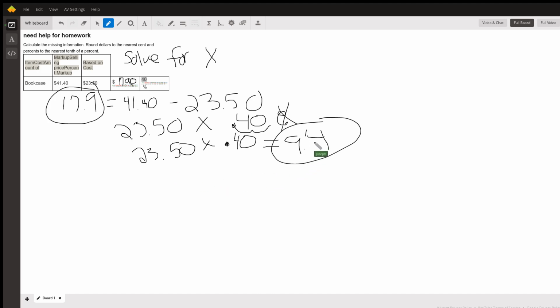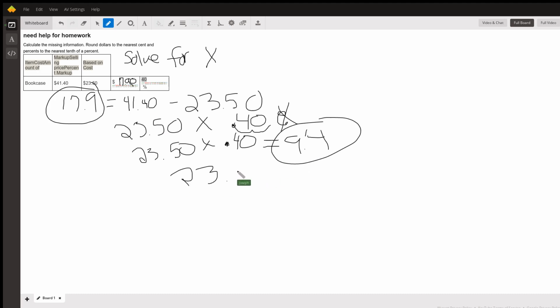Again, 9.4 is 40% of 2350. In order to find that, we can subtract 9.4 from 2350.